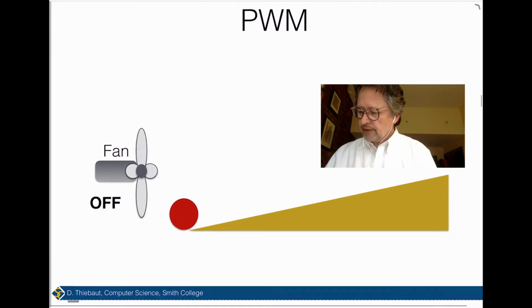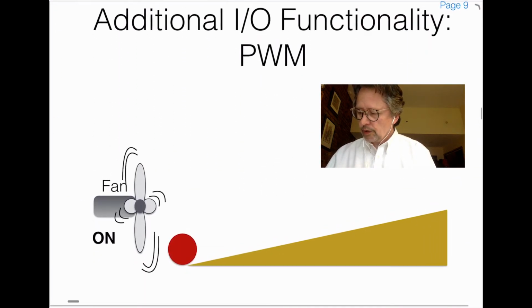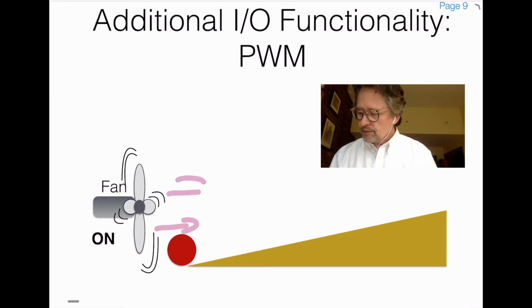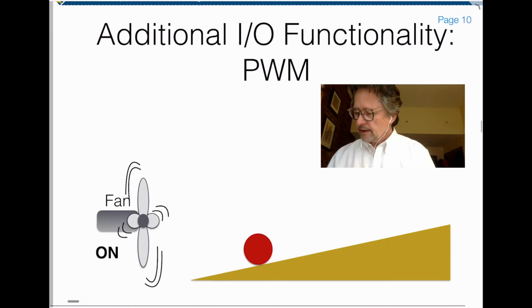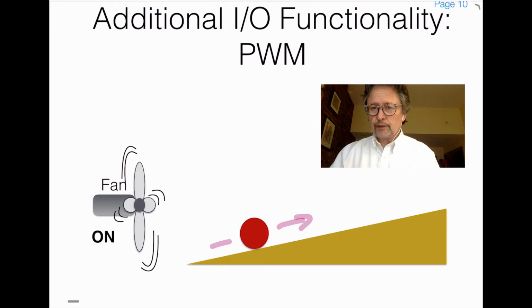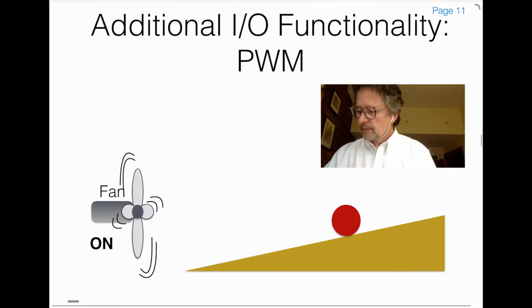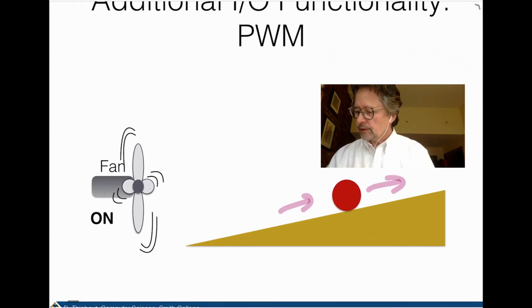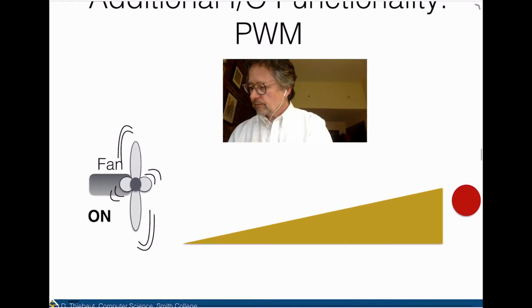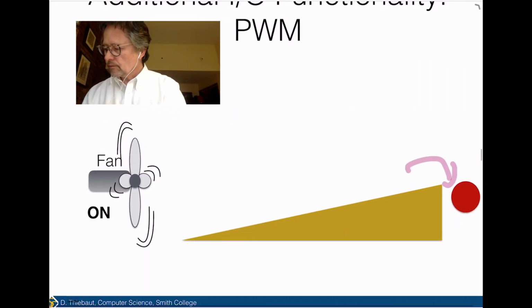And then if I decide to turn on the fan, suddenly there's air going through, and the air, you guess, is going to push my little red ball here up the incline, and so it's going to start going. And if I have no way of controlling the fan and I've turned it on full blast, then what's going to happen is that very likely there's going to be too much air for my little red ball, and then it's going to fall off, right?